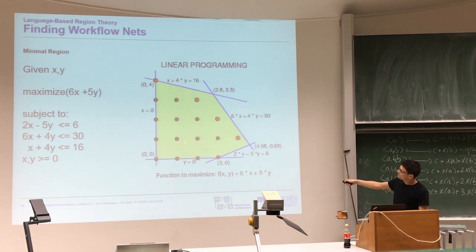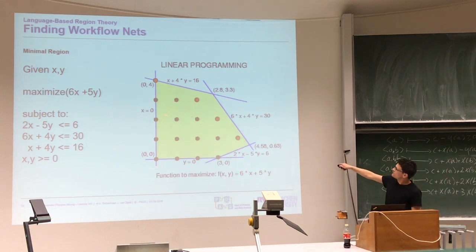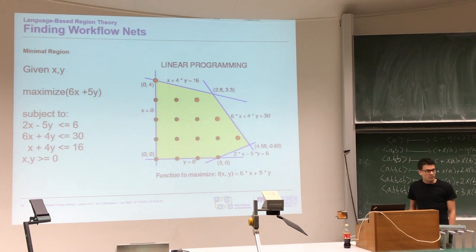So any point you can pick in this yellow region is a solution that satisfies these constraints. At the same time, we want to pick some point in this space that maximizes the function.